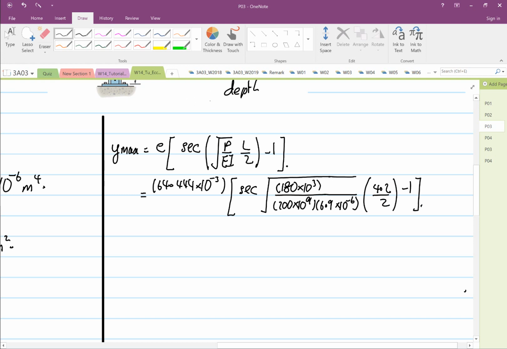So over here you will have 64.444 times 10 to the power minus 3, and then this expression: square root of 180 power 3 divided by 200 power 9 divided by 6.9 power minus 6, close bracket, then cosine, 1 divided by that, times 4.2 divided by 2.